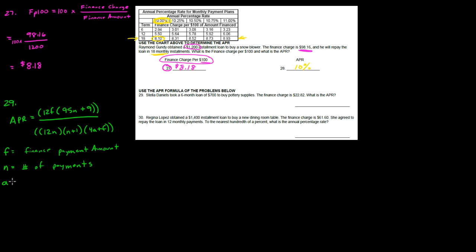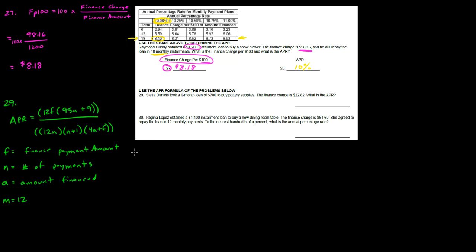The A is the amount financed. And our M, remember, is always 12. That's why I have that in the formula. It's not even M times F, it's just 12 times F.